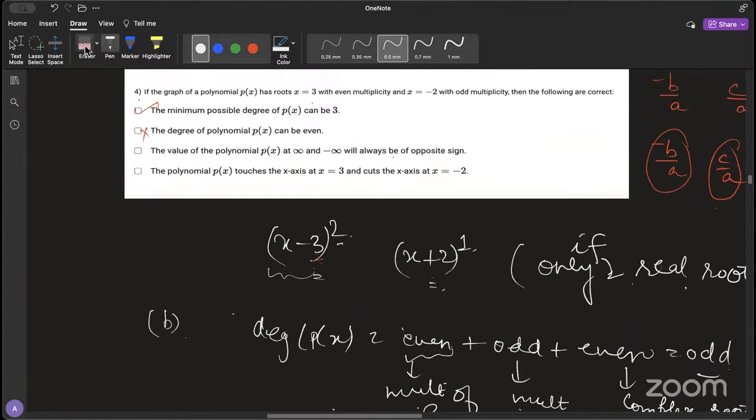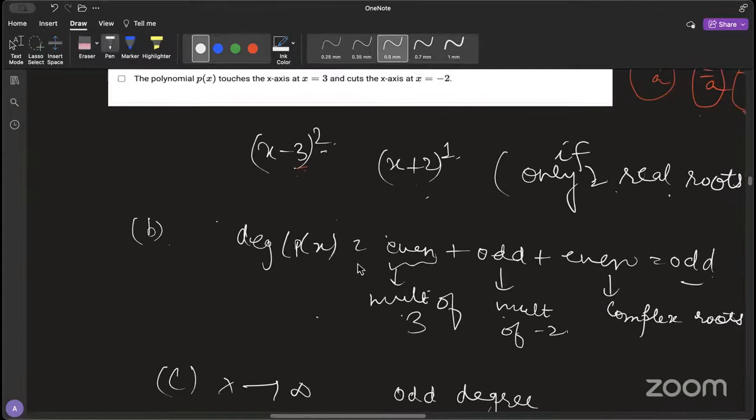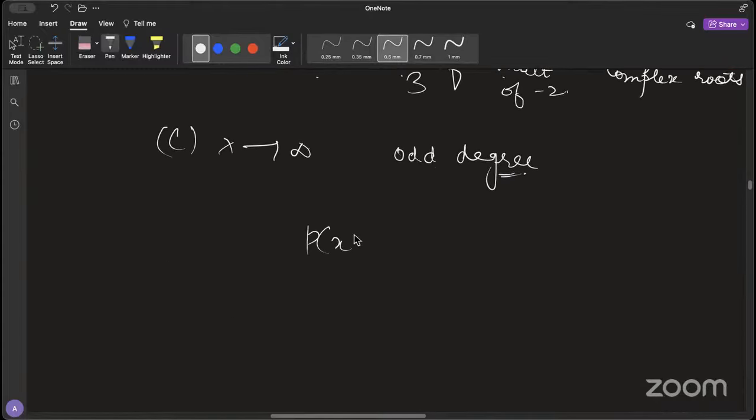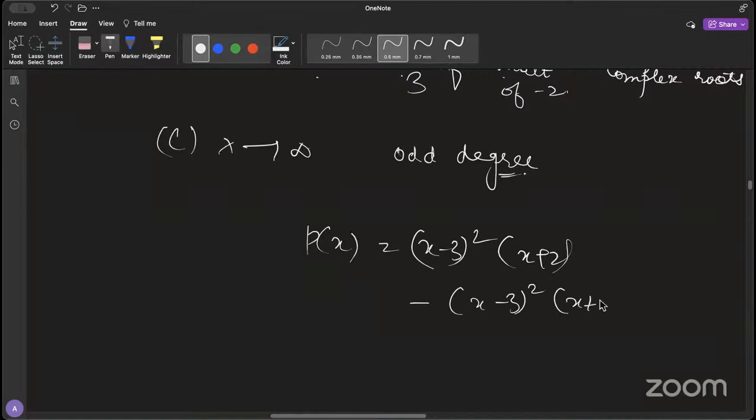No, we can't take it, actually. If you've only been given this information that your roots are 3 and -2, then it's possible that your polynomial could be (x minus 3) squared (x plus 2), or it could be minus (x minus 3) squared (x plus 2), right?